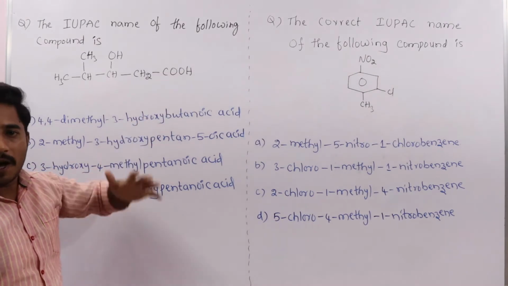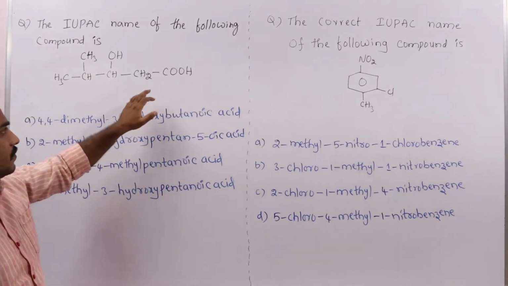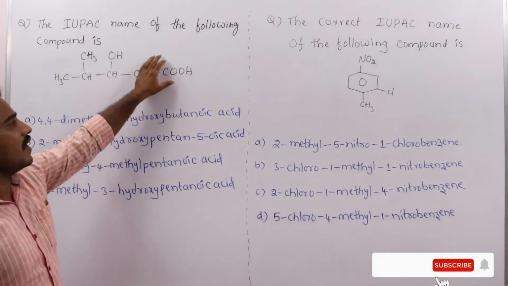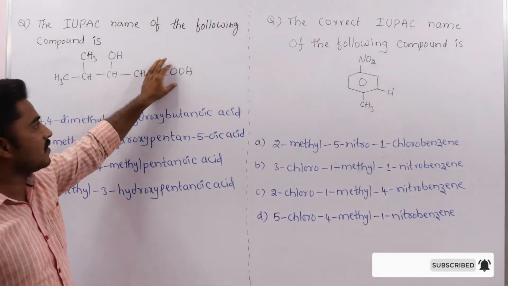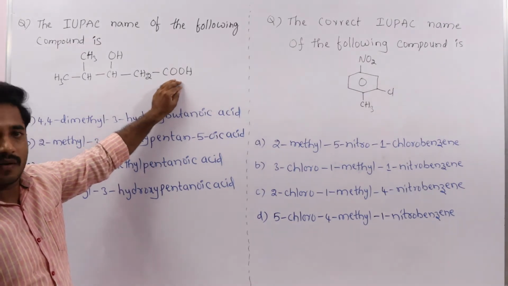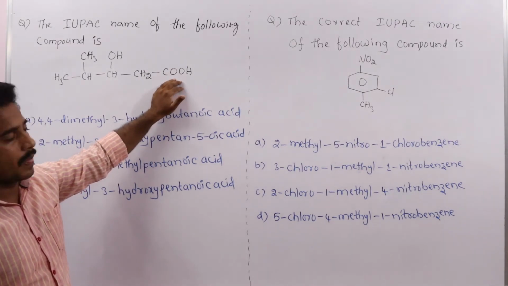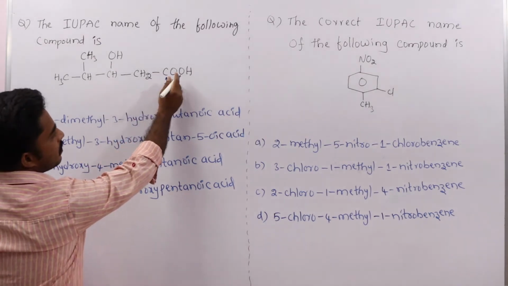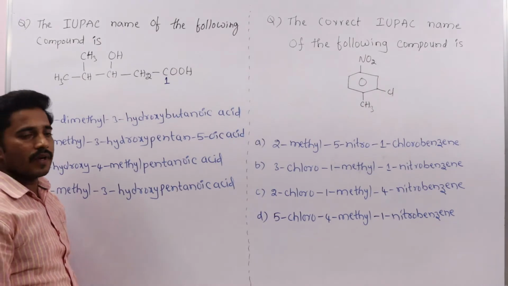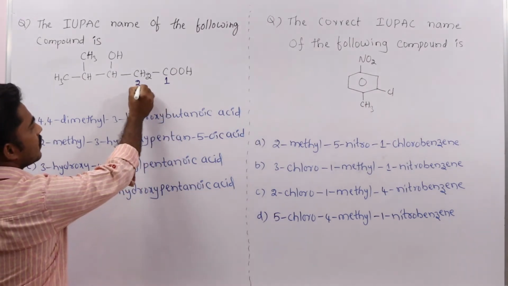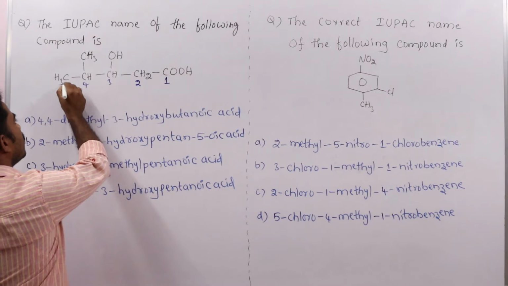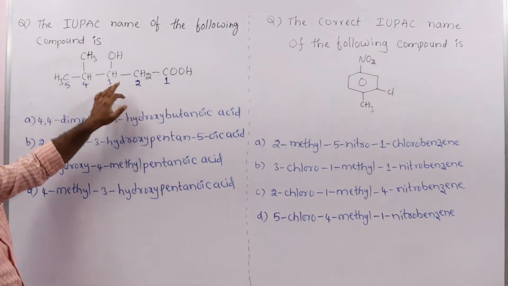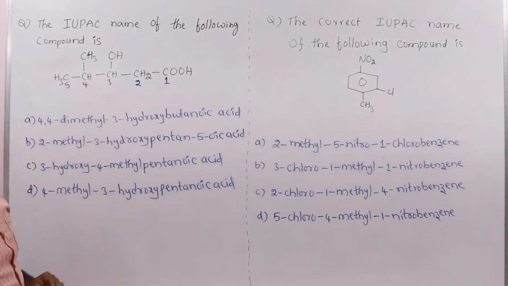We start the numbering from the COOH carbon: first carbon, second carbon, third carbon, fourth carbon, and fifth carbon.